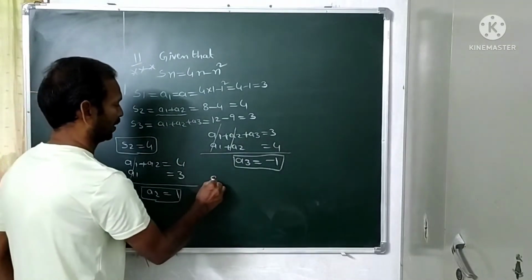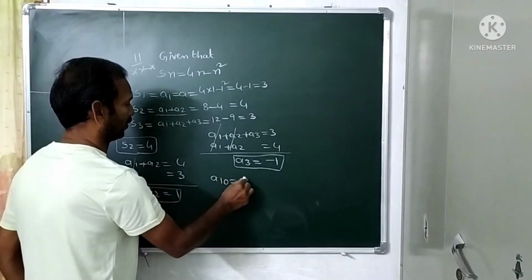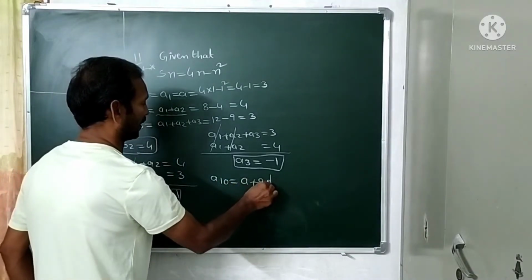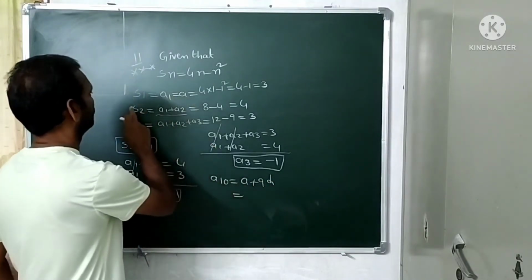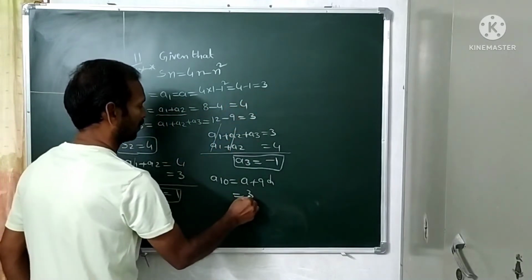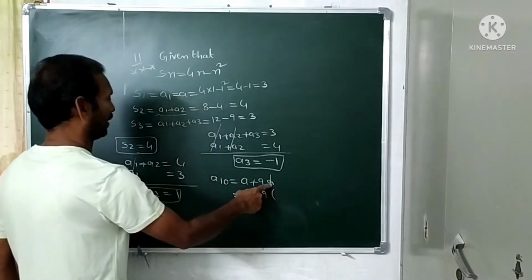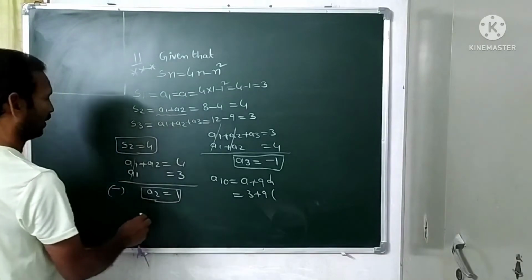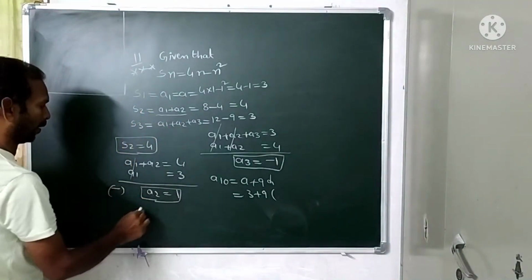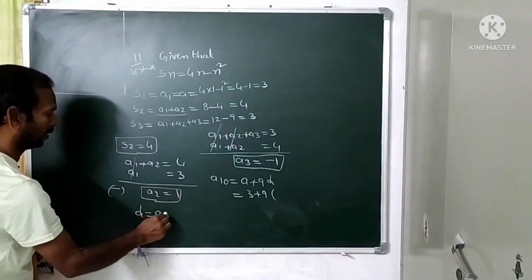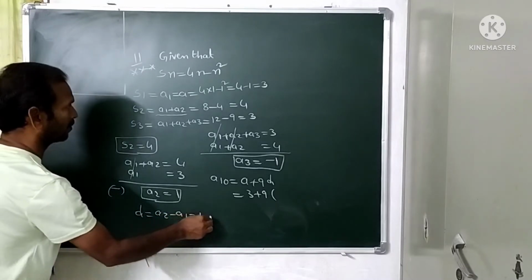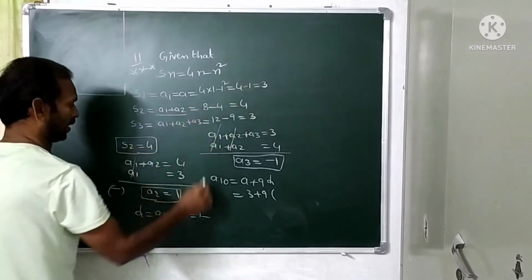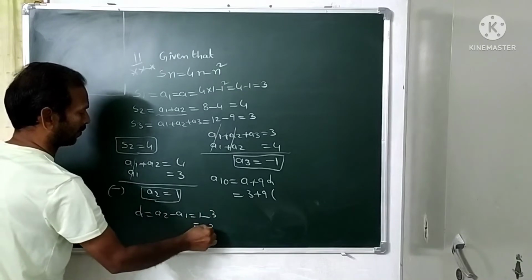Find the 10th term and the nth term. 10th term: A10 is equal to a plus 9d. The a value is 3 plus 9 times d. What is the d value? See, A1, then A2. d is equal to A2 minus A1, which is 1 minus 3, equal to minus 2.